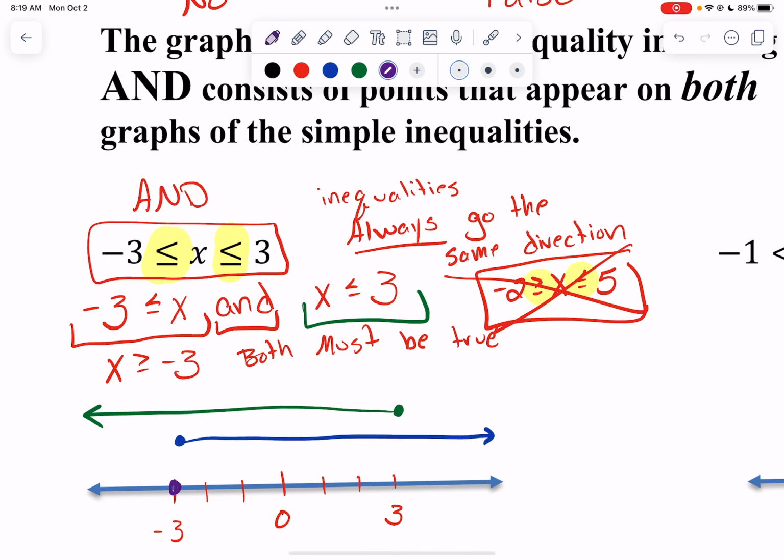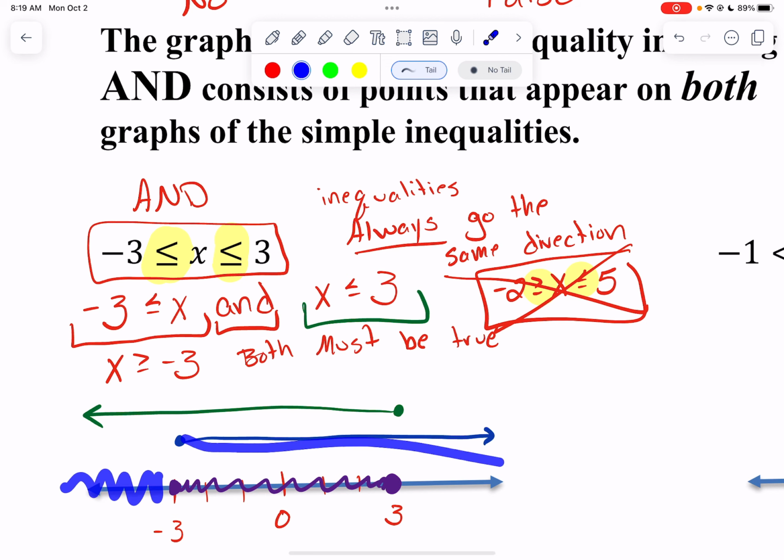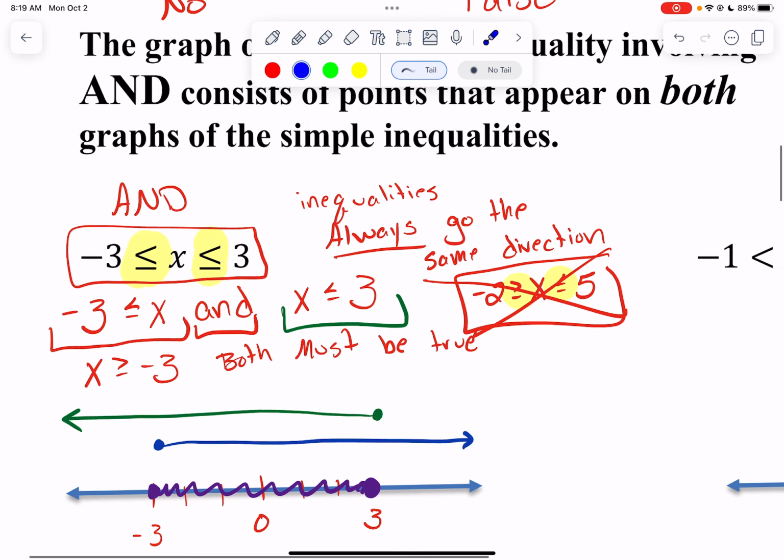So it would just be from -3 all the way up to 3. Closed dot. I can't include the points up here because they're not covered under the green. The green doesn't consider those. I can't include the points down here because they're not in the blue.